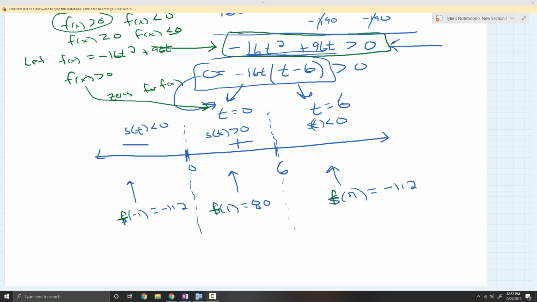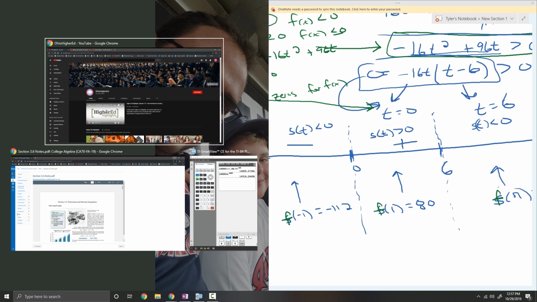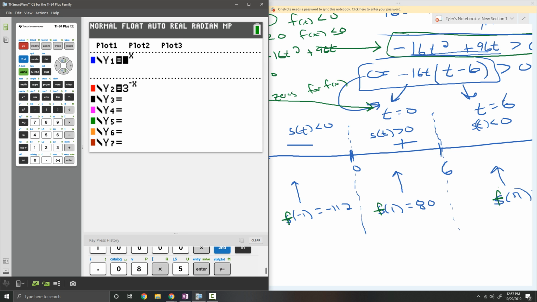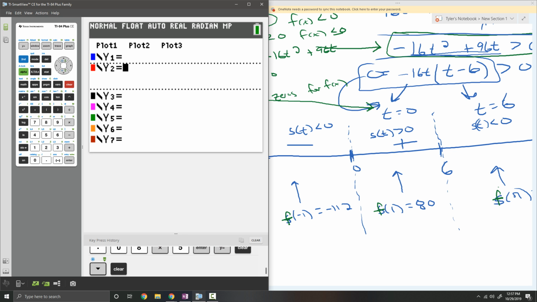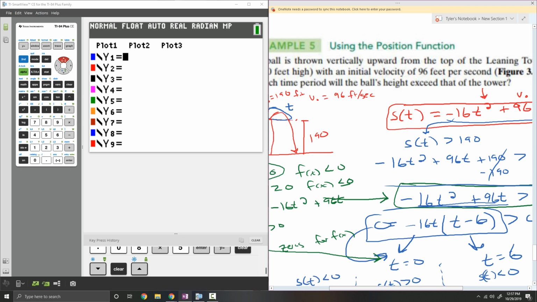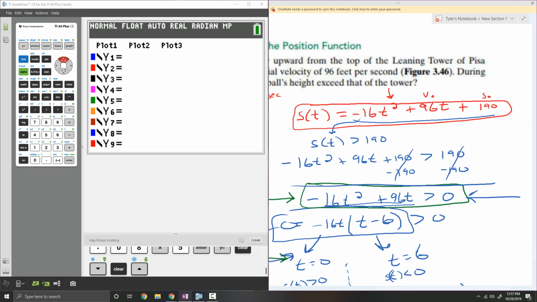That gives you those values. And if it makes sense, if you want, you could graph this in your graphing calculator, just to reiterate what we're doing. If we look at the original graph, S of t, I'm going to put that in y1.